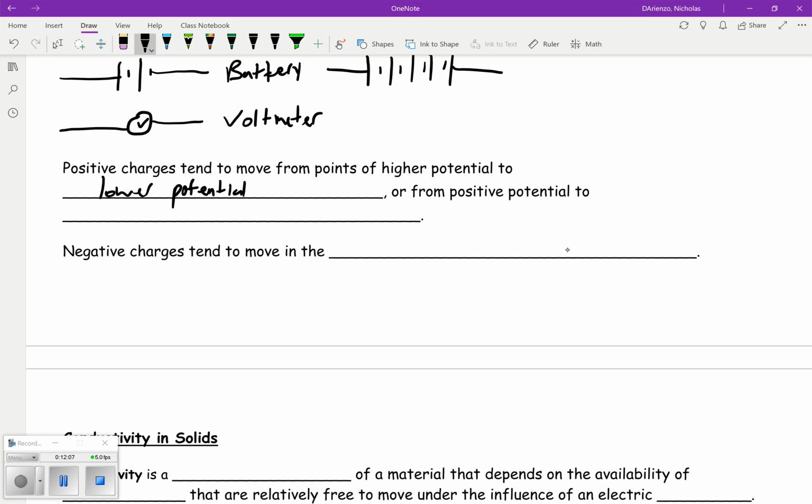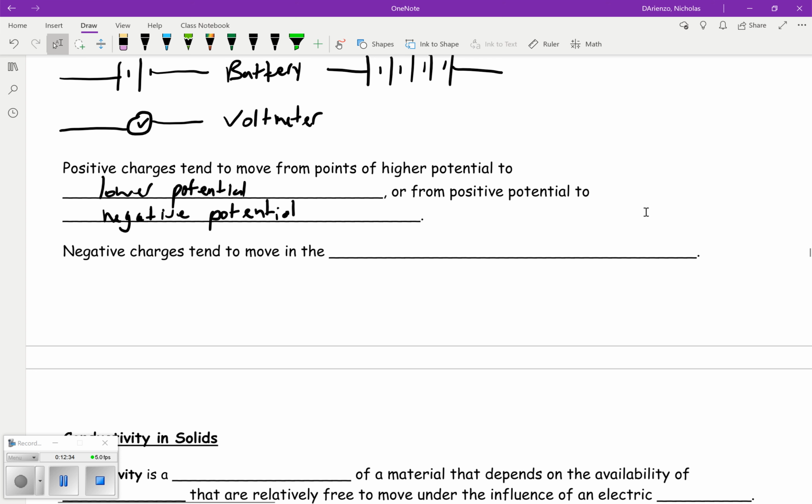We said those flow from positive potential to negative potential. Now, this is what we call conventional current: current flowing from positive potential to negative potential. However, that is not necessarily the case.